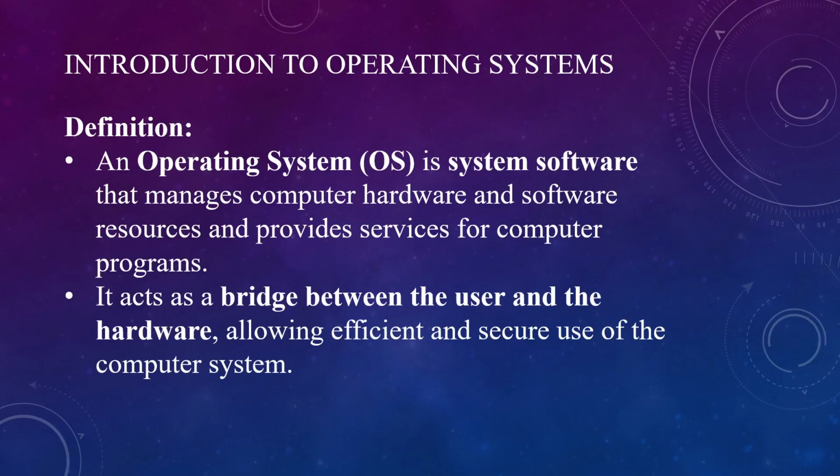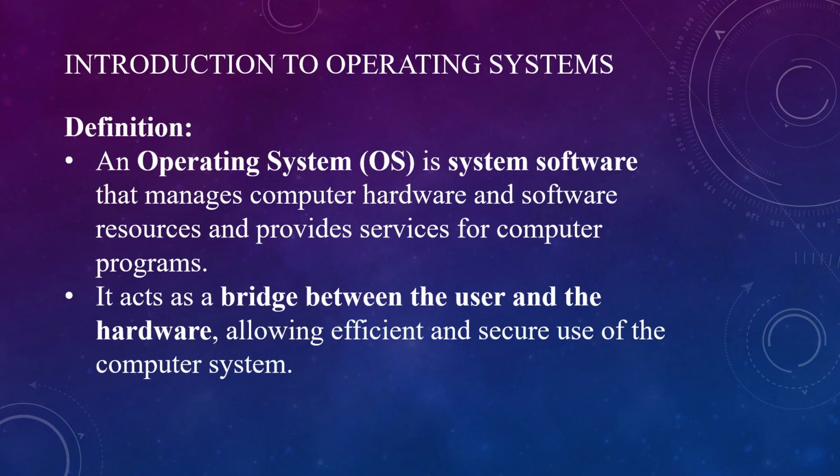Today we'll be covering the introduction to operating system, one of the most fundamental topics in computer science. So let's begin with the definition. An operating system, often abbreviated as OS, is a type of system software.